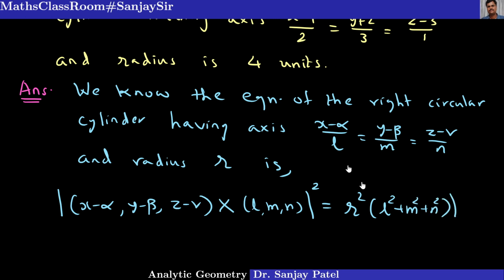You must write this statement first. So this equation is the general equation of a right circular cylinder with the given axis and the radius r.